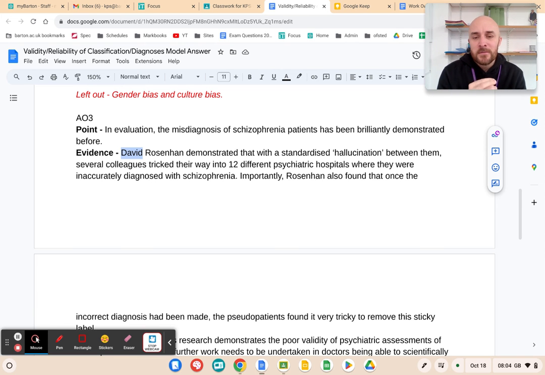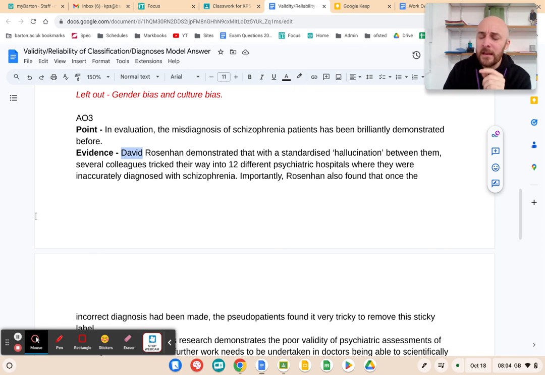David Rosenhan demonstrated that with standardized hallucination between them: thud, hollow, empty. They all said, though, I keep hearing these words, thud, hollow, empty. Several colleagues tricked their way into 12 different psychiatric hospitals where they were inaccurately diagnosed with schizophrenia despite not having schizophrenia.